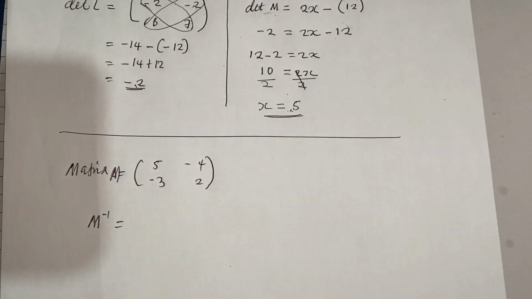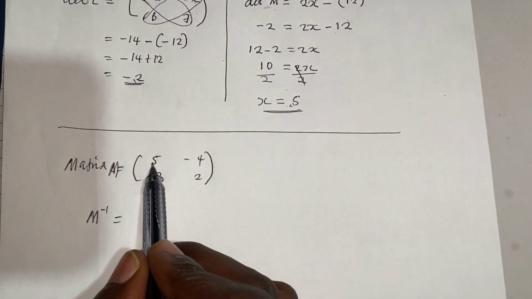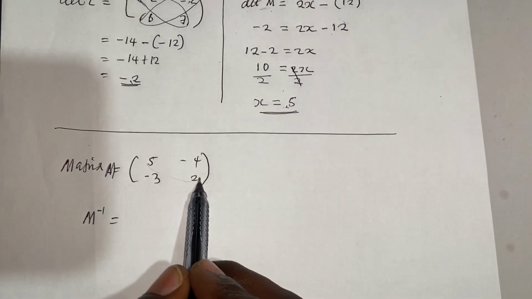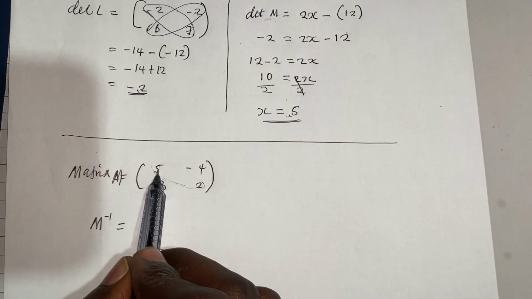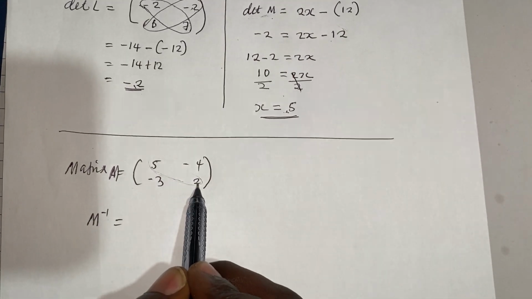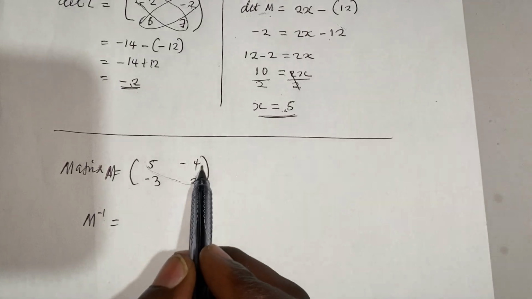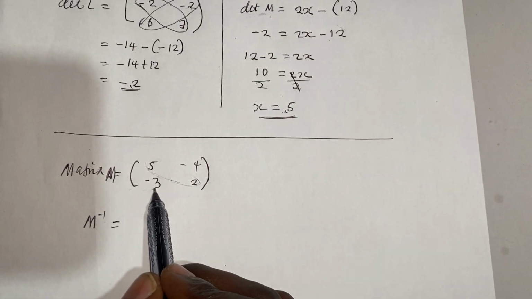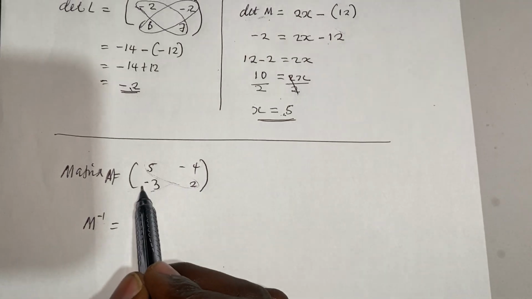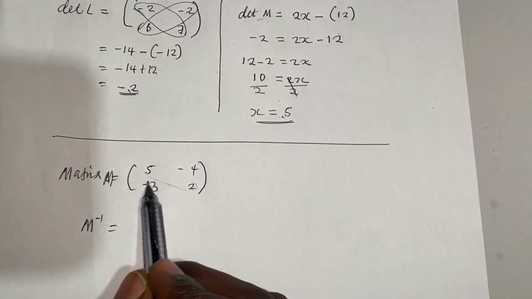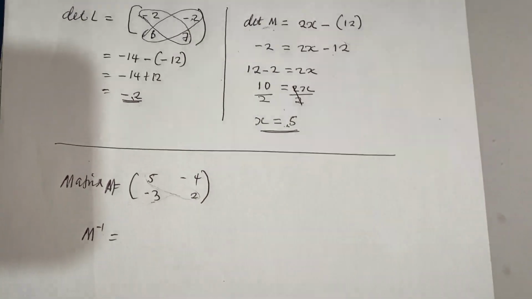So what we are going to do, in the major diagonal, you are going to swap the elements. So 2 will come where there's 5, and 5 will come where there's 2. And in the minor diagonal, you are going to multiply each element by -1.